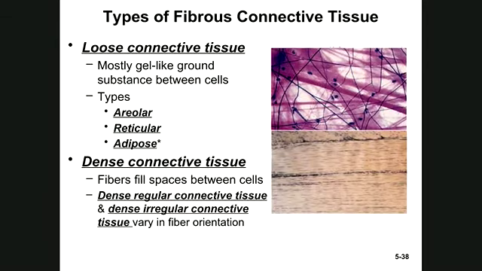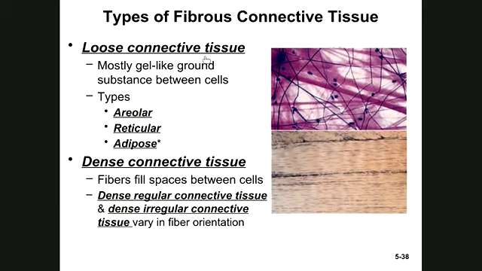And for the proper connective tissue, we have two important subunits. One of them is called loose connective tissue, and the other one is dense connective tissue. In loose connective tissue, we have more ground substance than cells and fibers. And in dense connective tissue, we have more fibers than cells and ground substance.